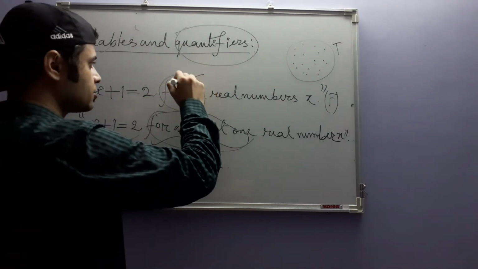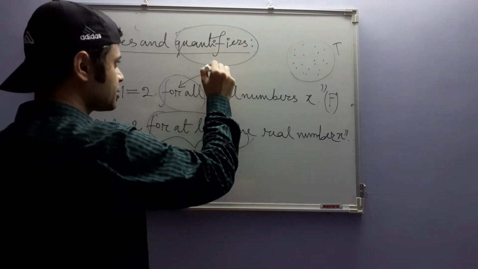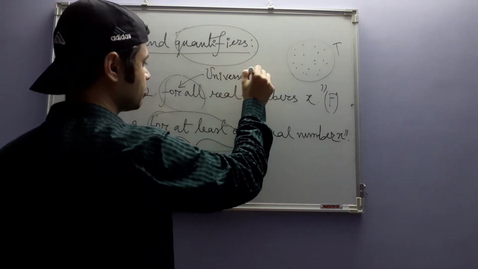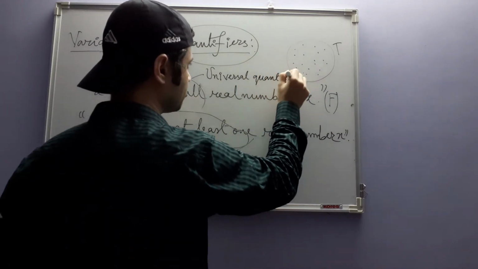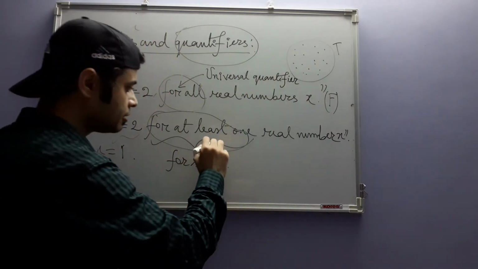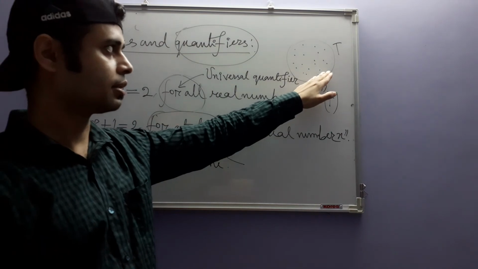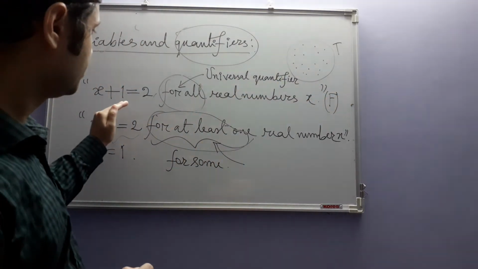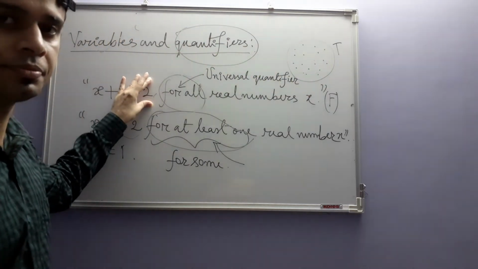This for all is called the universal quantifier. Universal because it says that the universe from which x is coming, for everything in that universe, this is true.